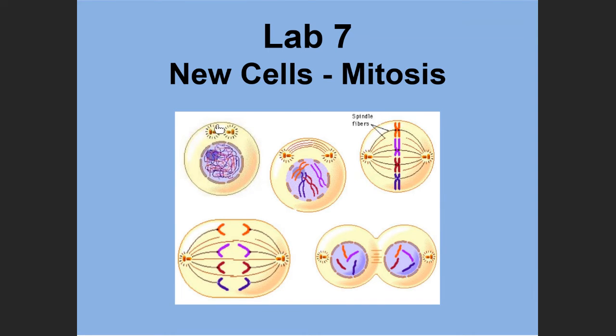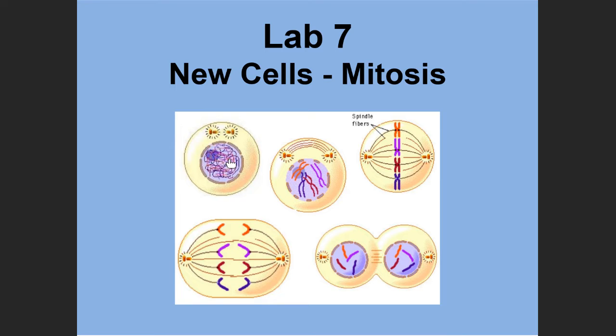When cell division occurs, new cells are produced. But new cells can be produced one of two ways. We're covering the first way. The second way will be covered in Lab 8 as well as lecture. This first type of cell division, which we'll also talk about on Thursday in lecture and Tuesday a week from today, involves mitosis.